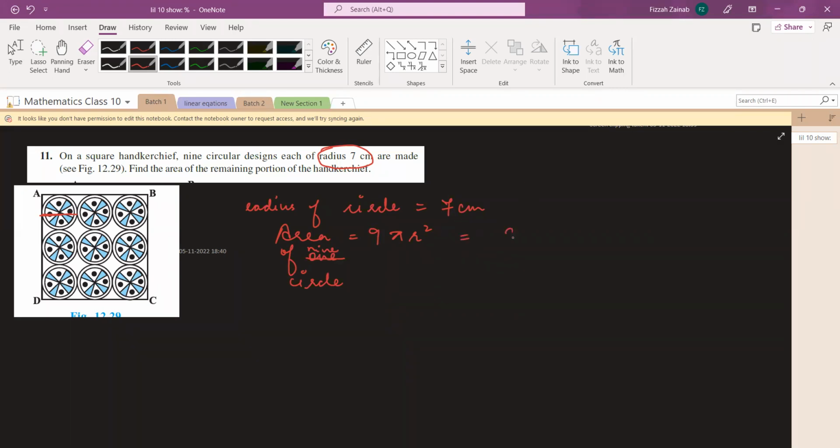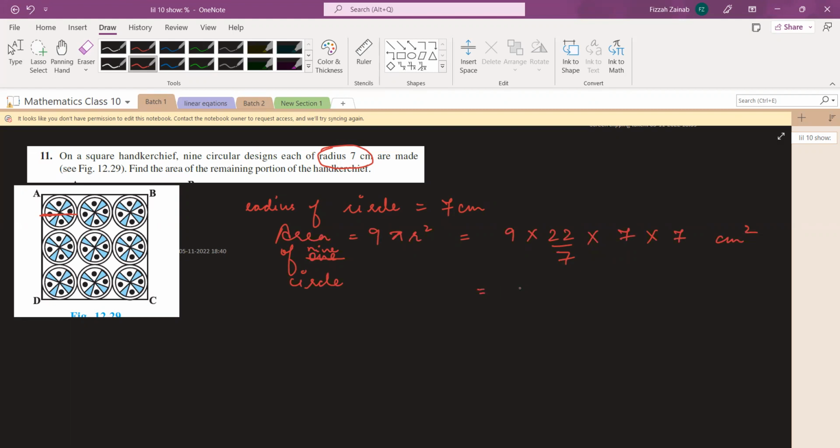Okay, so 9 into 22 by 7 into r square. Now, because all the circles are having the same radius, obviously their area will be same, so I have just multiplied by 9. Same area they all are having. Yes, ma'am. R is 7, so 7 into 7 and then centimeter square. So 7 cancels out, right?